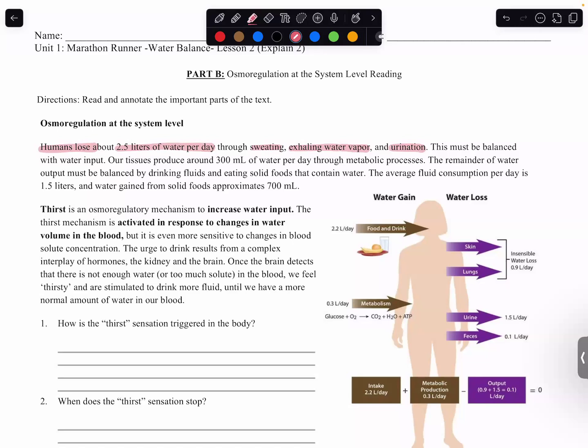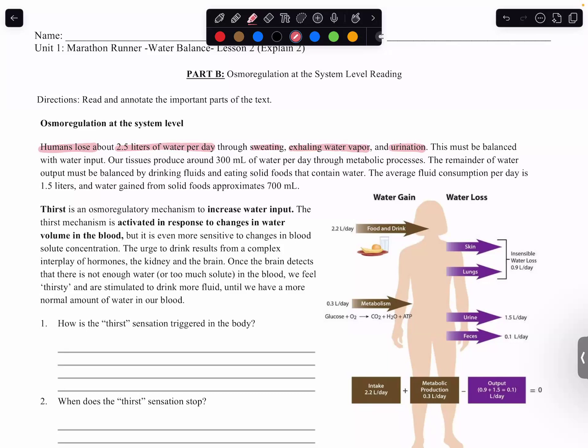Sweating, when we exhale water vapor, little droplets, and then urination, which we all do, right? And at 2.5 liters of water per day, that's a lot of water. No wonder they recommend that we have at least 8 glasses of water per day, because if we're losing 2.5 liters of water, that's not great. We have to have a way of replenishing that.